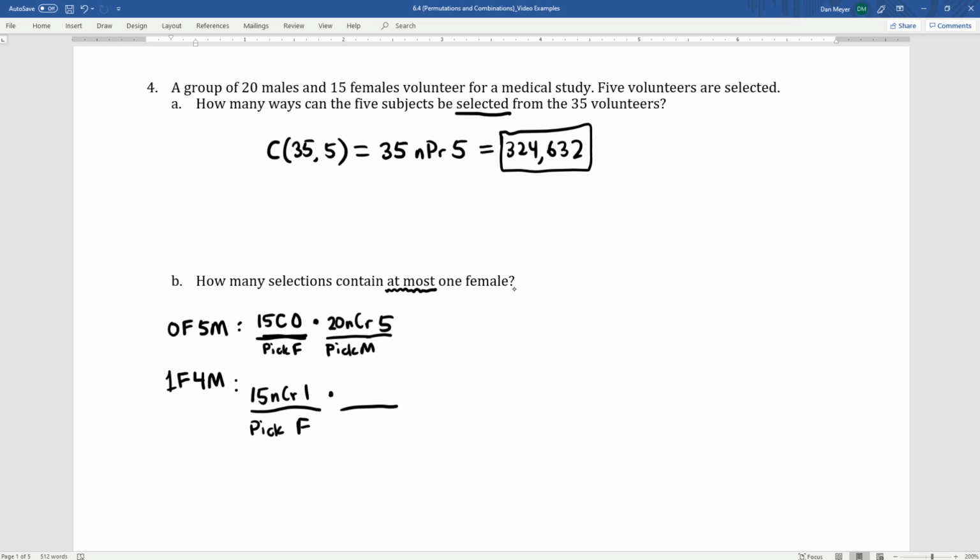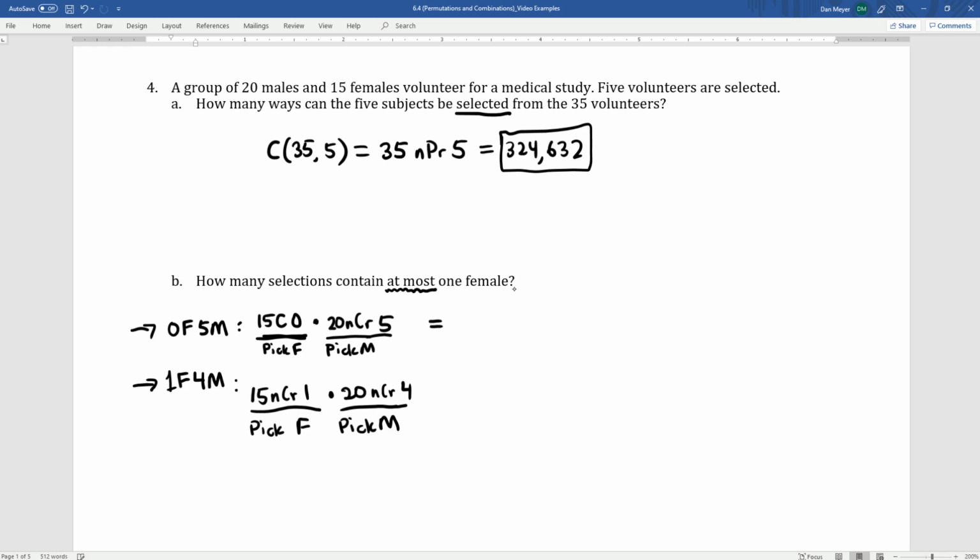Okay? One stage where we choose a female, and the second stage where we choose the males. All right, so there's 20 males to choose from, and we need to pick 4 of them in this case. Okay, so these are the 2 cases, or if you want to think of partitioning this event, the at most 1 female event can be partitioned into the 0 female, 5 male case and the 1 female, 4 male case.